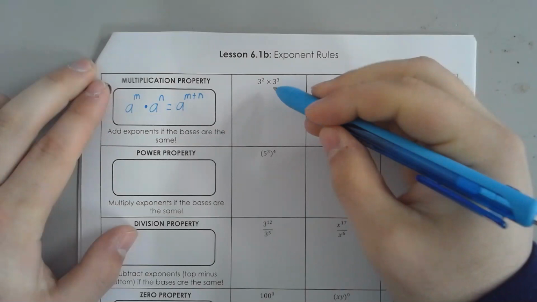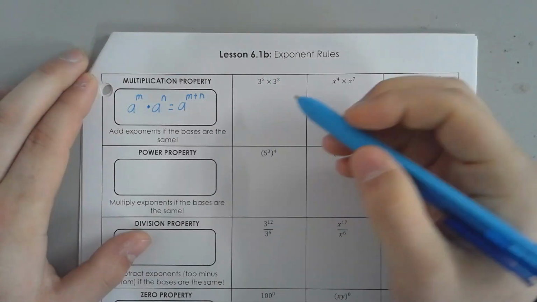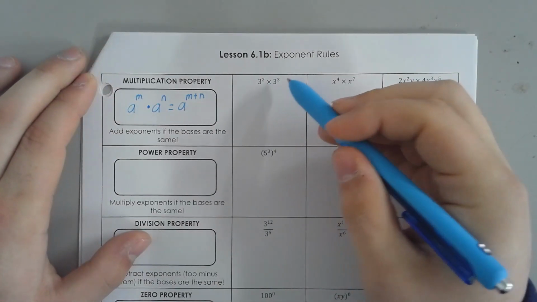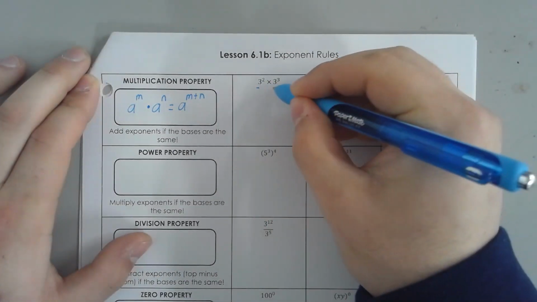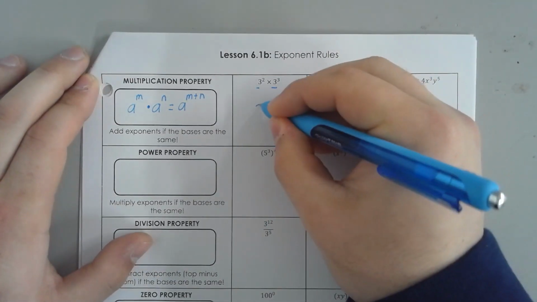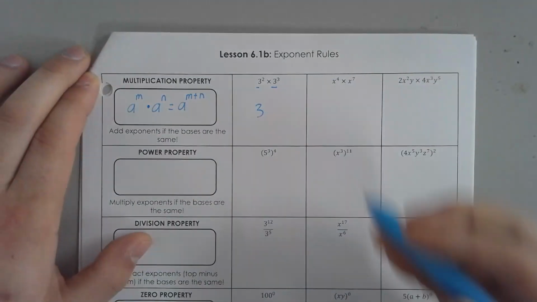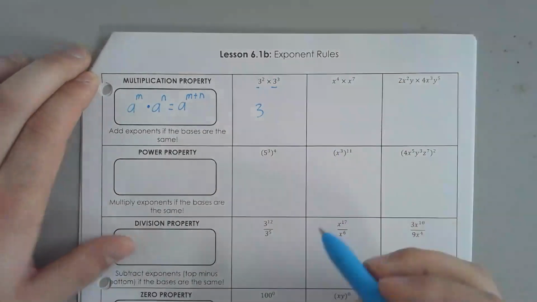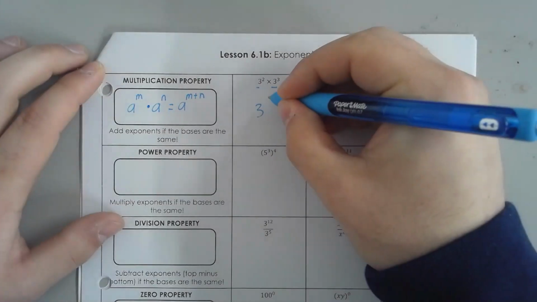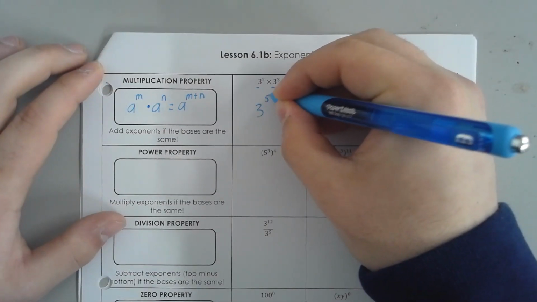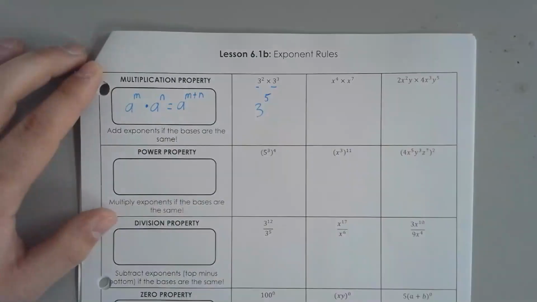So if we look at this example, we've got 3 squared times 3 cubed. So 3, that's like our base, that's our A. So it stays, and we've got an exponent of 2 and an exponent of 3. We just add those together. So 2 plus 3 gives us 5.